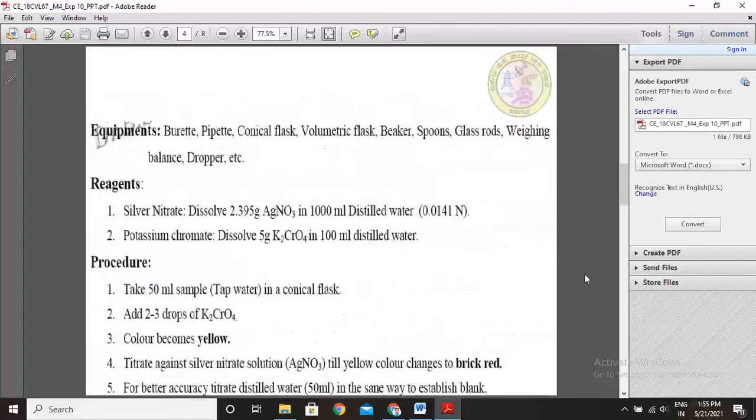Next, which equipment or apparatus are required to conduct this experiment?